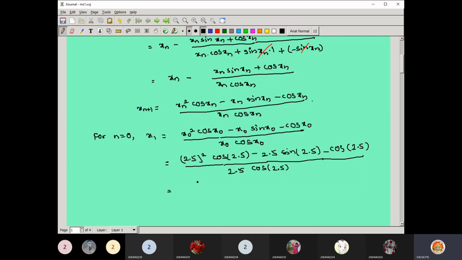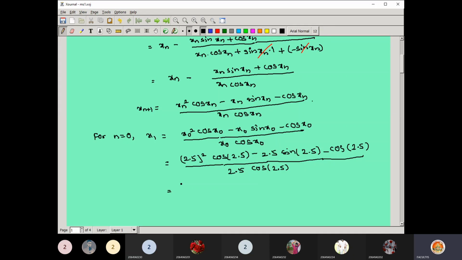Now you can use the calculator. I'm taking the divided by button. The first one is 2.5 square button. The next is cos of 2.5 bracket close, minus 2.5 into sin 2.5 bracket close, minus cos of 2.5 bracket close.